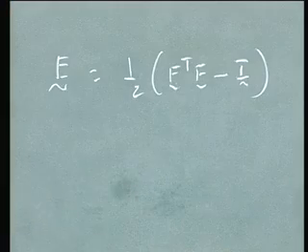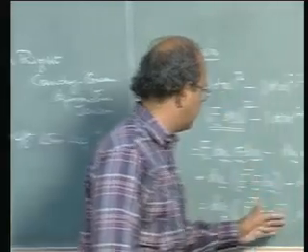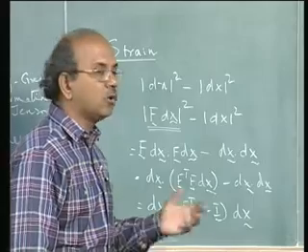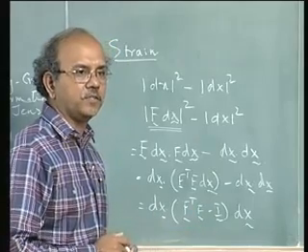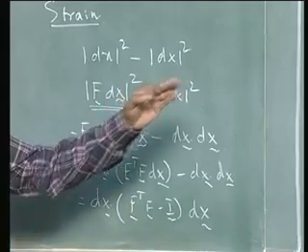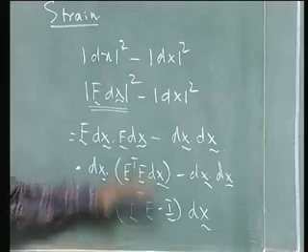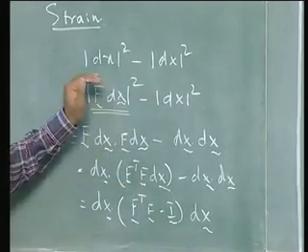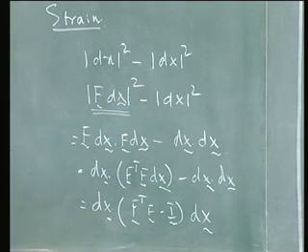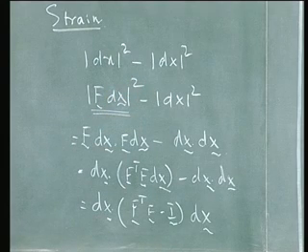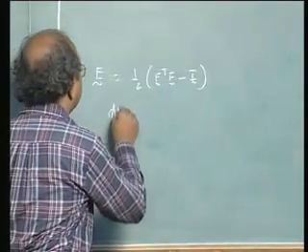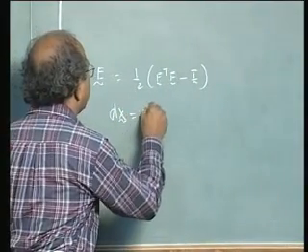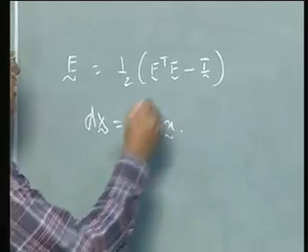Now this whole set of equations can also be written in another fashion in terms of small dx. We will see the equivalent of this with our small strain in a minute. In other words, I can write that dX is equal to F inverse dx.